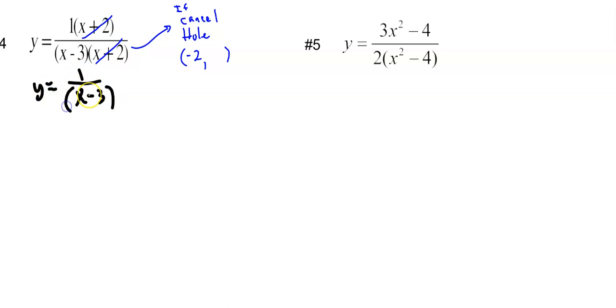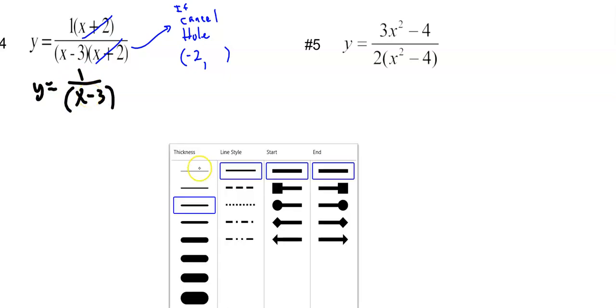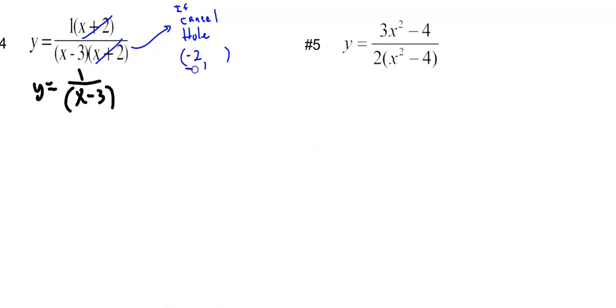That's my new function after I cancel it out. And so to find the y value of the hole, you're going to plug in a -2 for x. So 1 over -2 minus 3 is -1/5. So -1/5 is my y value there. And I found the value of that hole here.